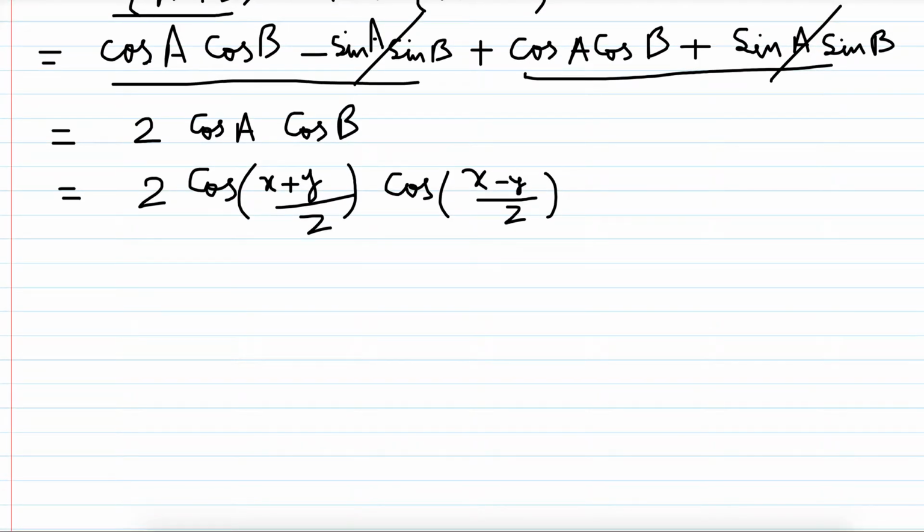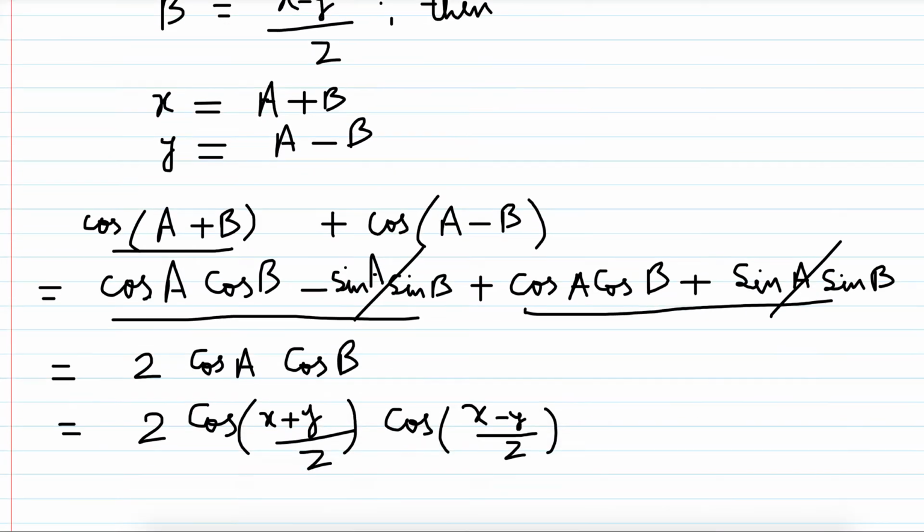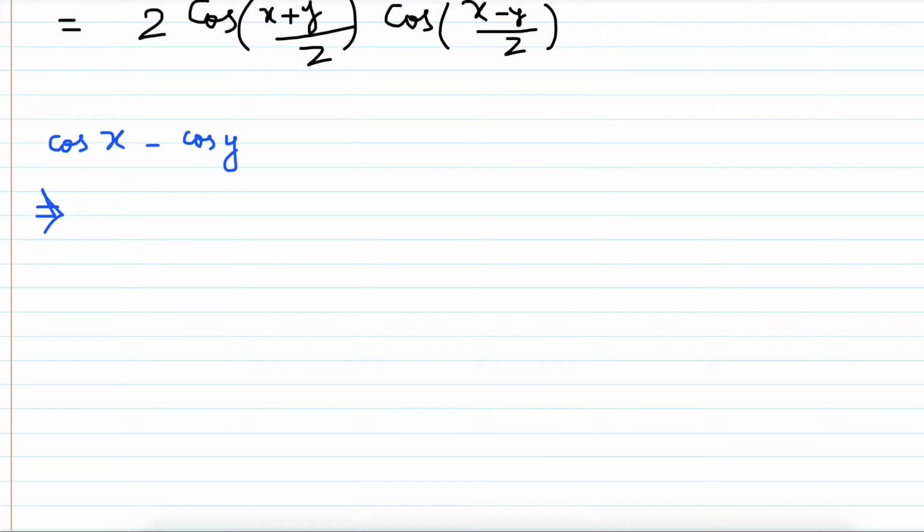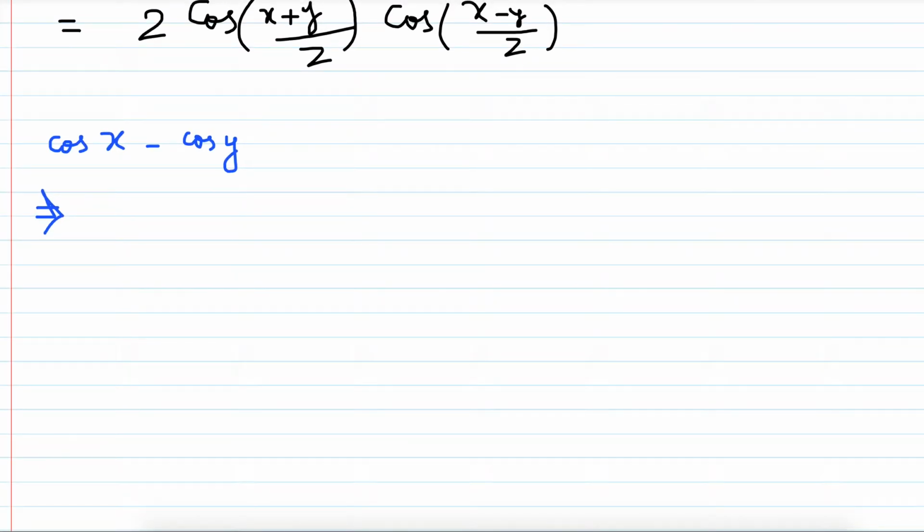So our next expression is cos x minus cos y. Again here I will take the same values of a and b, so x and y would also be the same. We have to write it again, but I will skip that part.